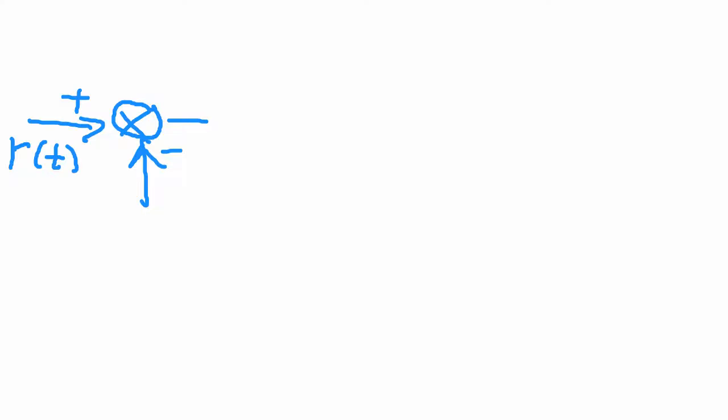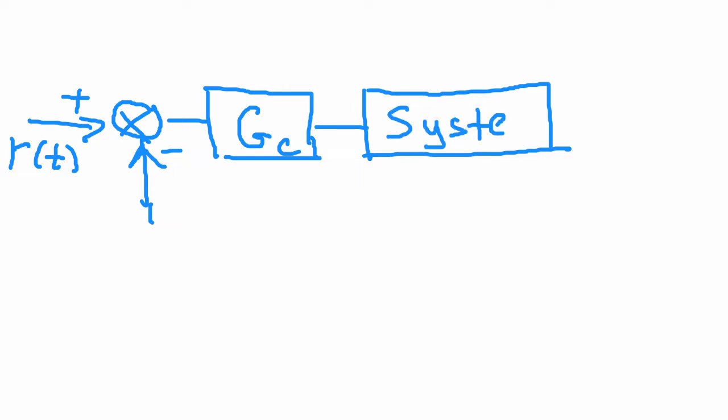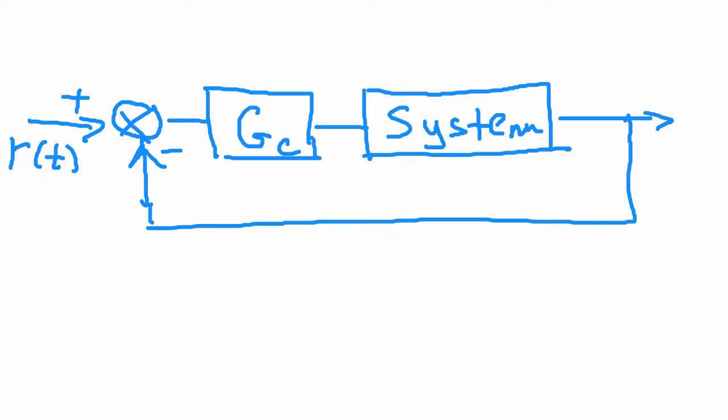The difference between reality, you have GC here, including the actuator and everything, the system here. This is your output. The output in time domain, C(t). So C(t) minus R(t) is E(t), the error time function. And that one here is U(t).